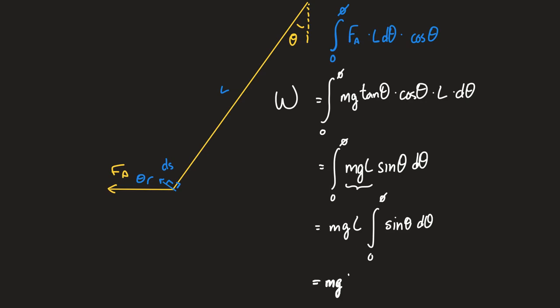This is mgL times negative cosine theta evaluated from 0 to phi, where phi represents how far back we pull the swing.